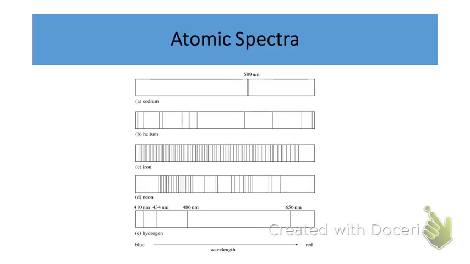All right, and then this is our concluding slide. Again, it shows you sodium, helium, iron, neon, and hydrogen. All of them have different fingerprints. All of them have different line spectrums that can be used to identify an element. And again, the only one you need to know is hydrogen, and be very, very specific with it.